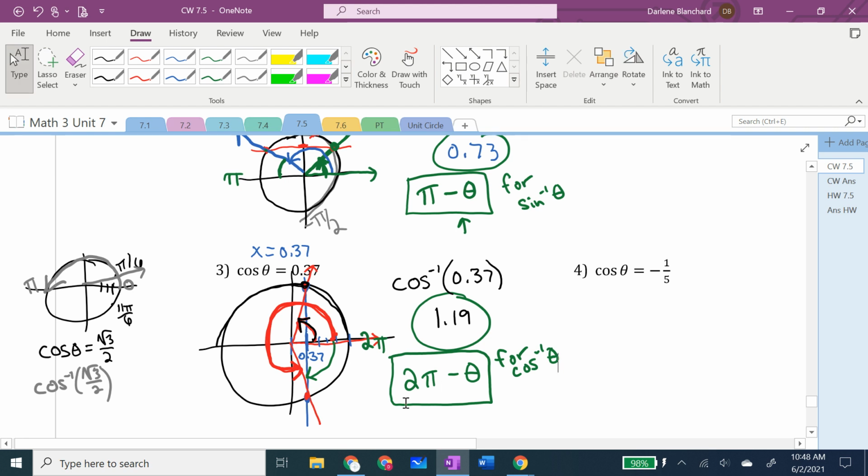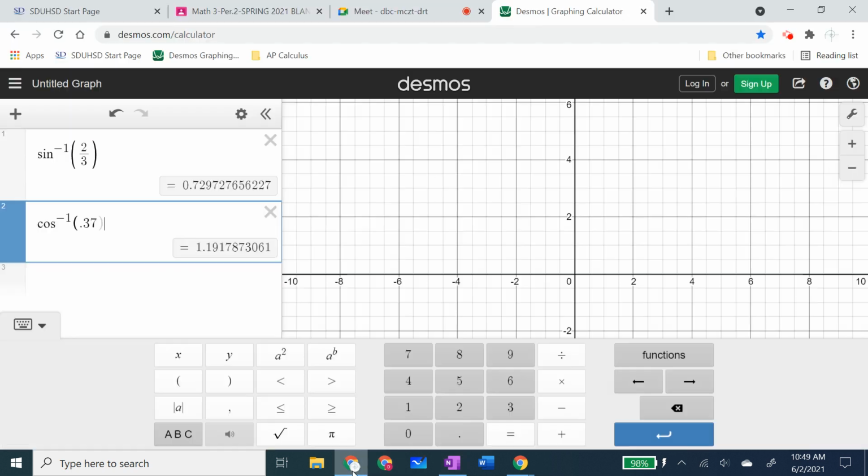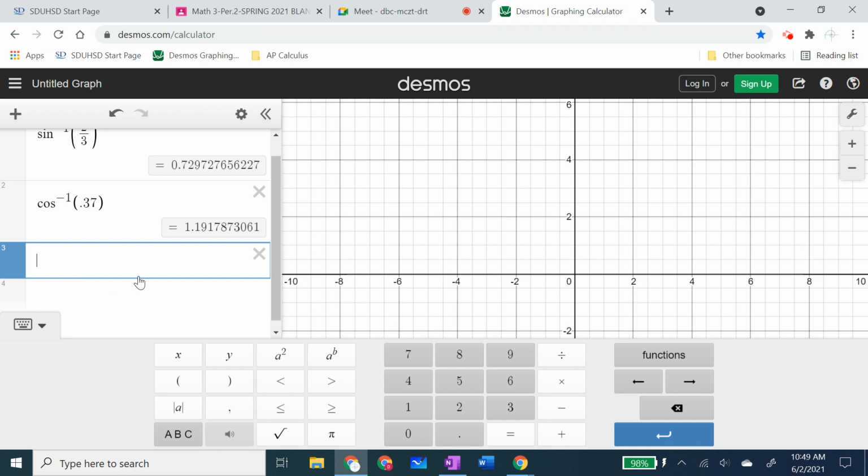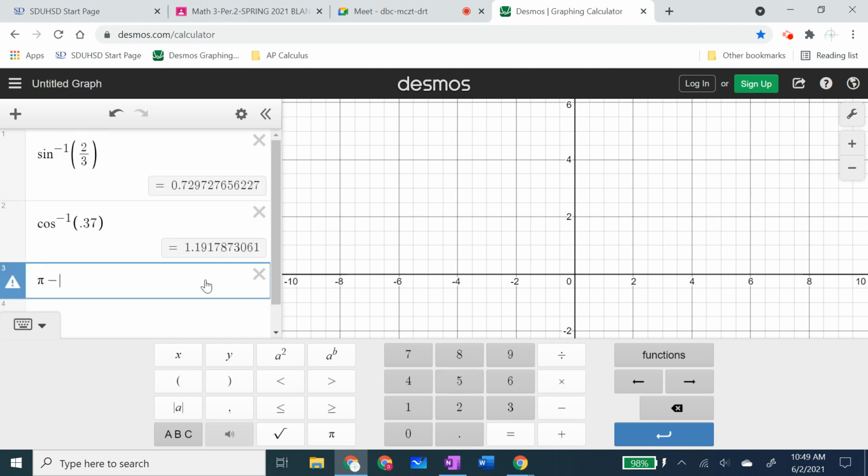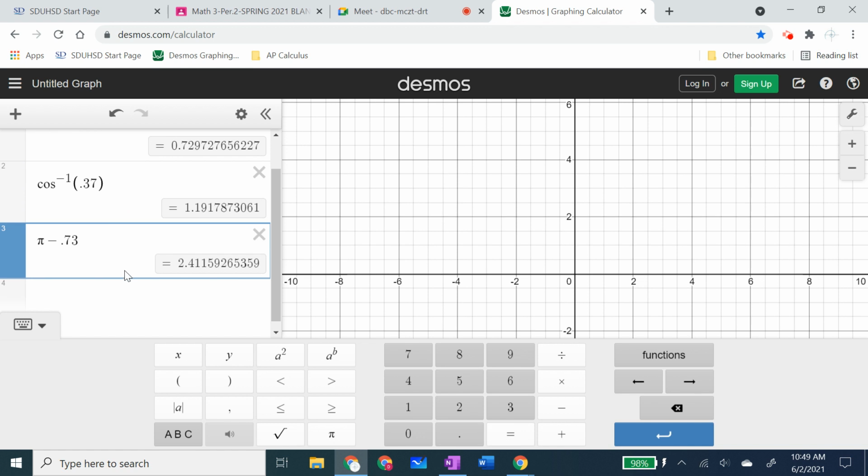Okay, I'm going to find these two numbers because I just realized I didn't actually find that one. So for the value I got from sine, pi minus that number, pi minus, and then I can just type in the 0.73. It doesn't have to be accurate. And I'm getting 2.41.